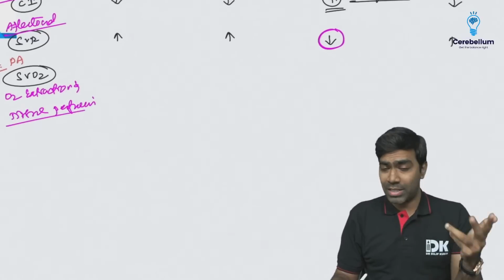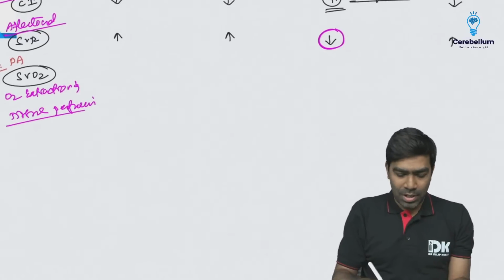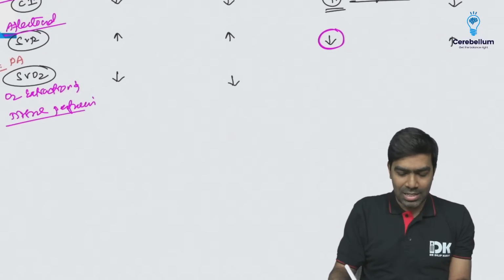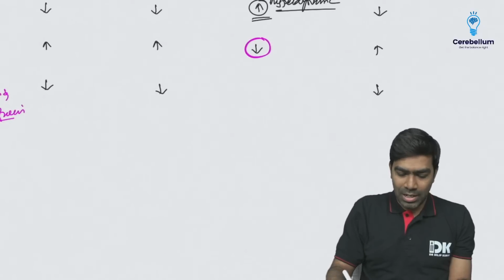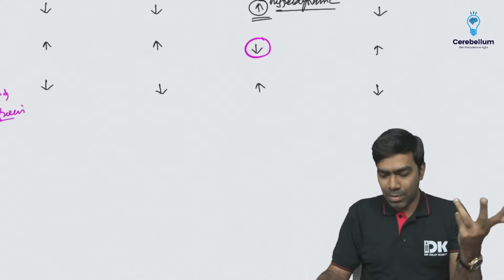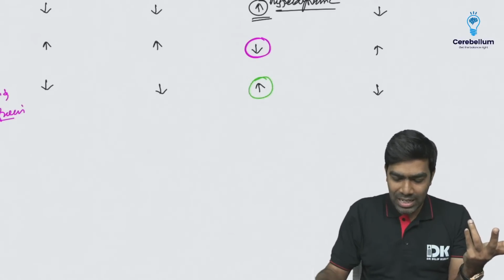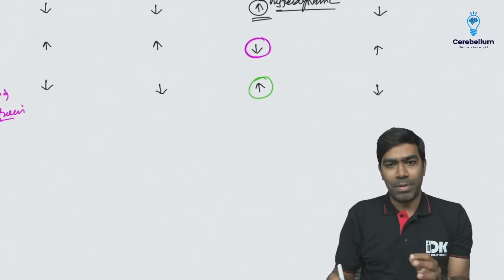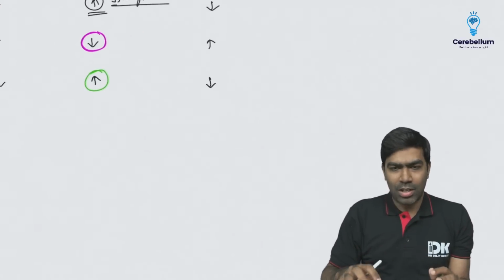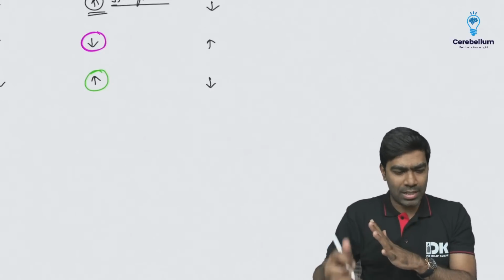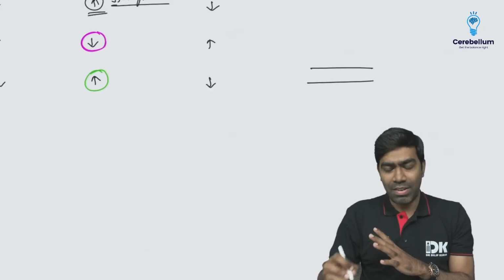What about SVO2, mixed venous oxygen saturation? Remember, it will be decreased. But in septic shock and other types of distributive shock, it may be increased. That's a very important point. Why? Because in septic shock, there are plenty of reasons, but assume that the patient is having vasodilatation.